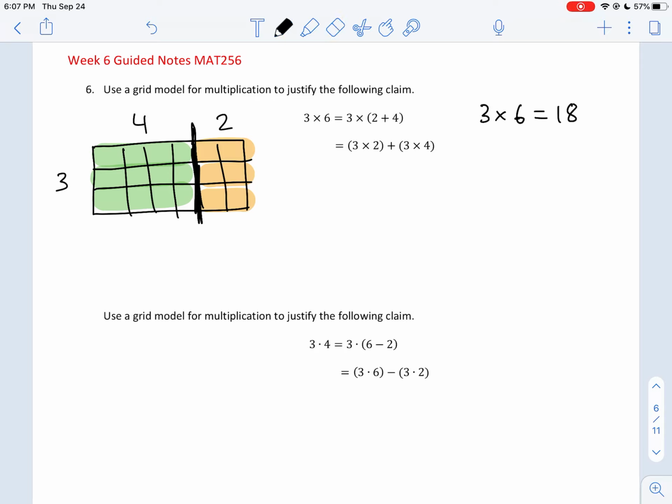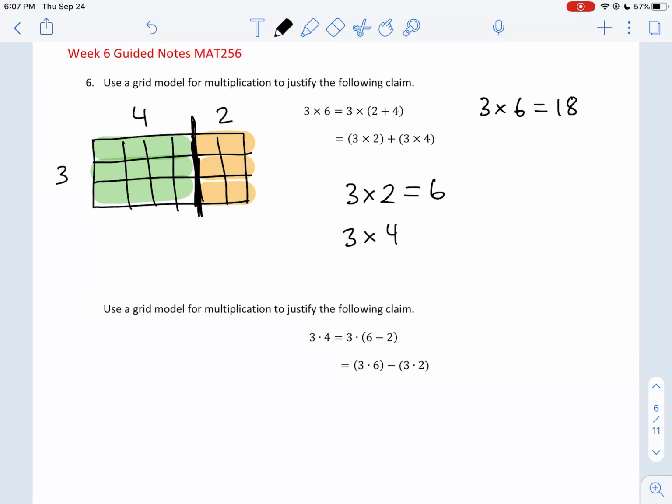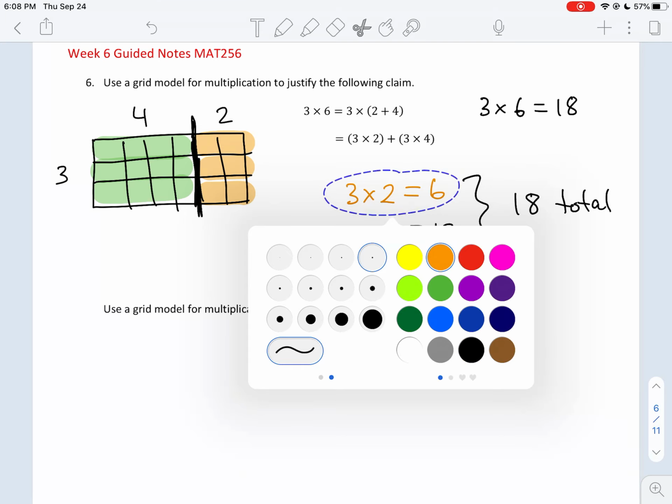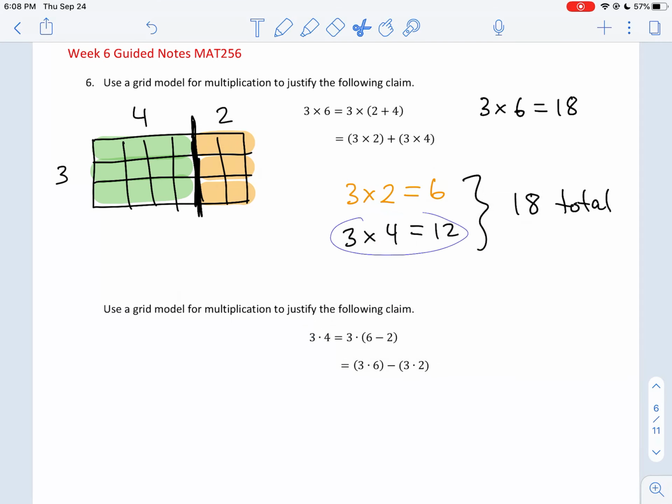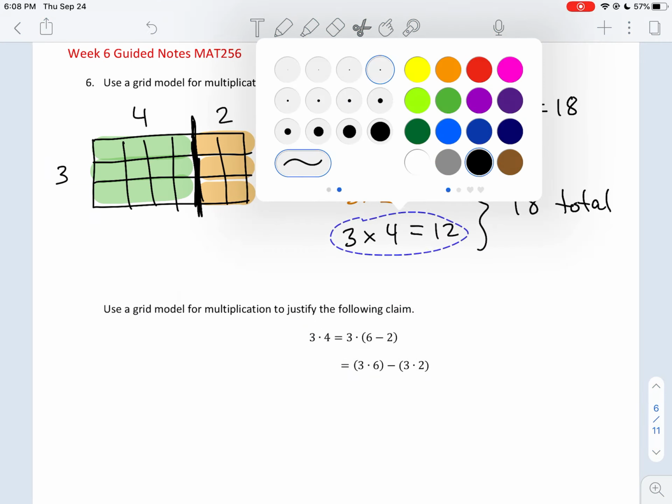And so we have 3 copies of 2 is the orange, and that gives me 6. 3 copies of 4 is the green, that gives me 12. And then we add these together, we get 18 total, right? Okay, so this one here is the orange boxes we counted, and this one here is the green.